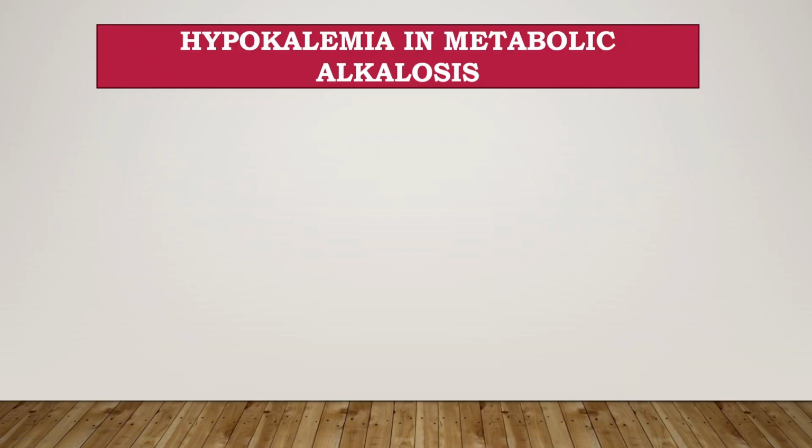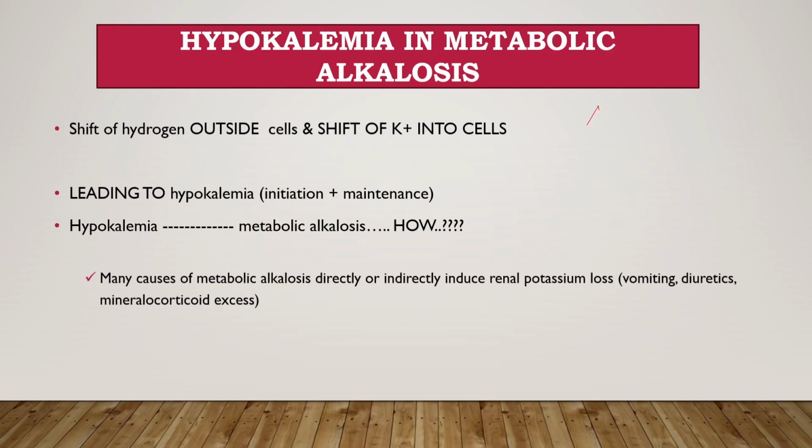You all know in metabolic alkalosis, hypokalemia occurs. That is all K loss. There will be a shift of hydrogen ions outside the cells, which metabolic alkalosis does. So, as a compensation, there will be potassium shifting inside the cells, which can eventually lead to hypokalemia.